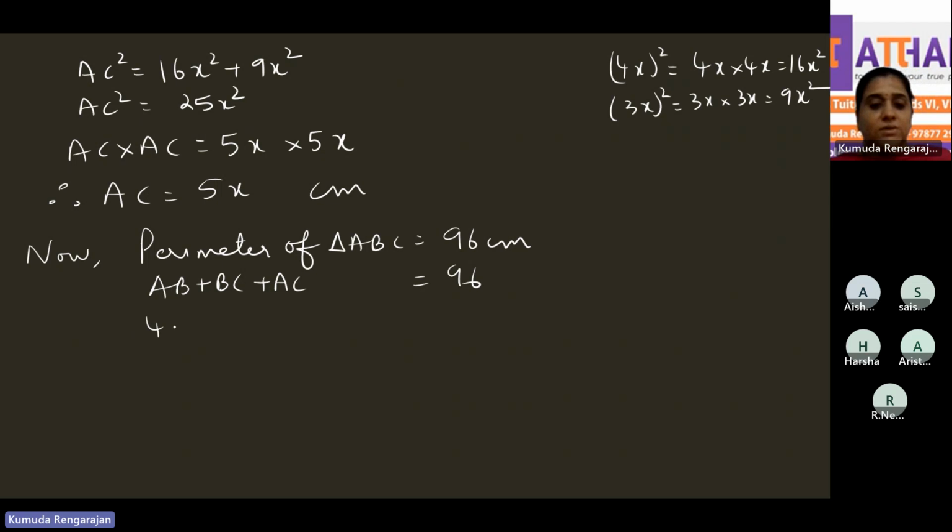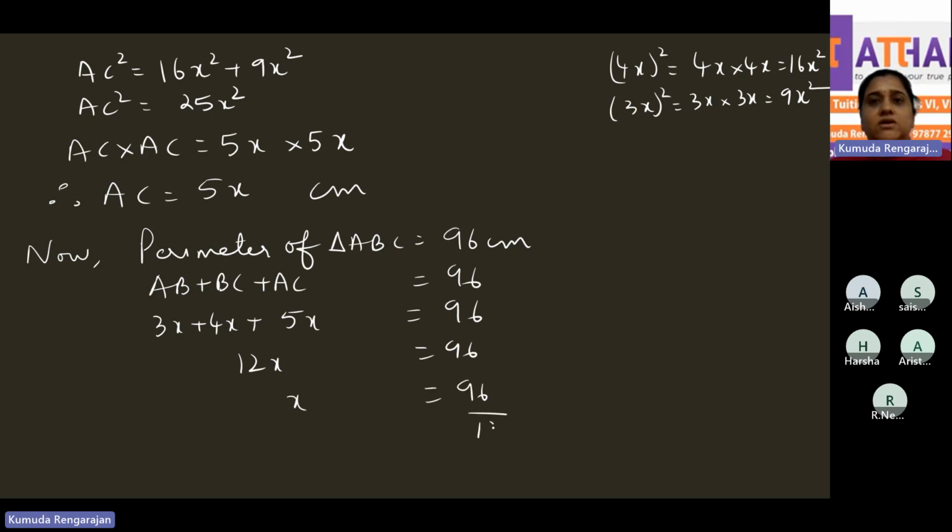So 3x plus 4x plus 5x is equal to 96. When you add, you get 12x is equal to 96. x is equal to 96 divided by 12. 12 eights are 96. So x is equal to 8.